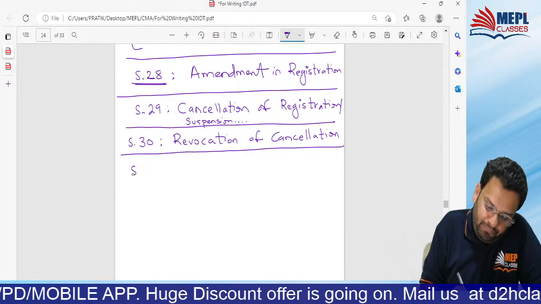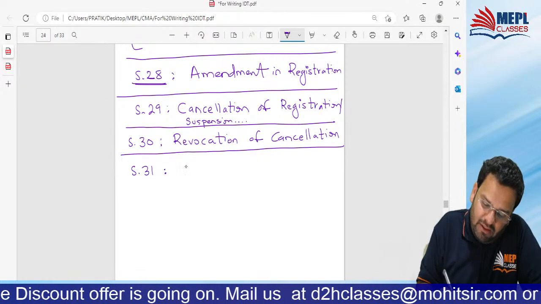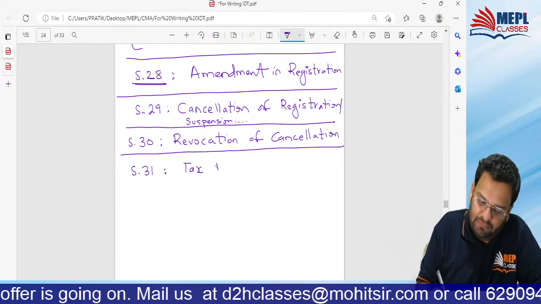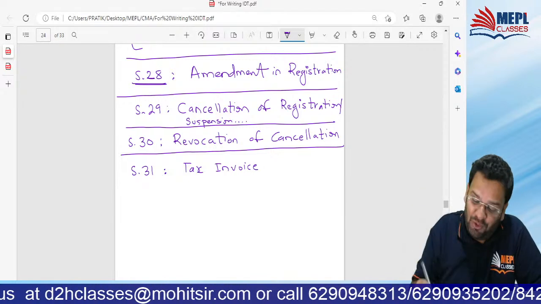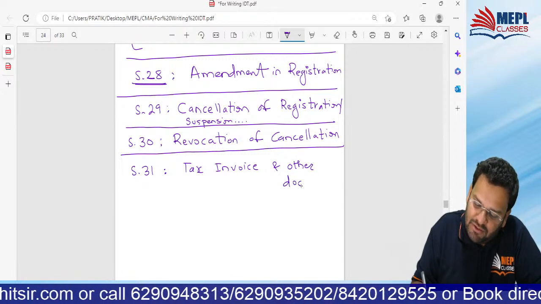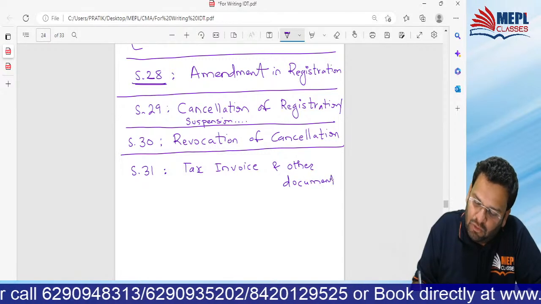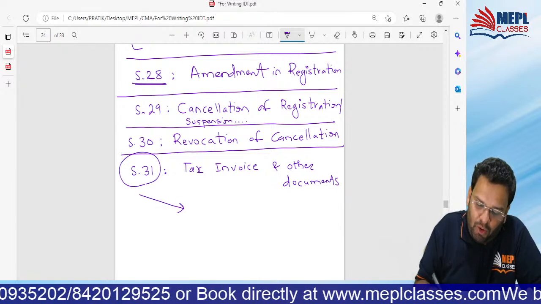Then 31 is tax invoice. But it is not only tax invoice, I would call it tax invoice and other documents. I would tell you 31 is also important.